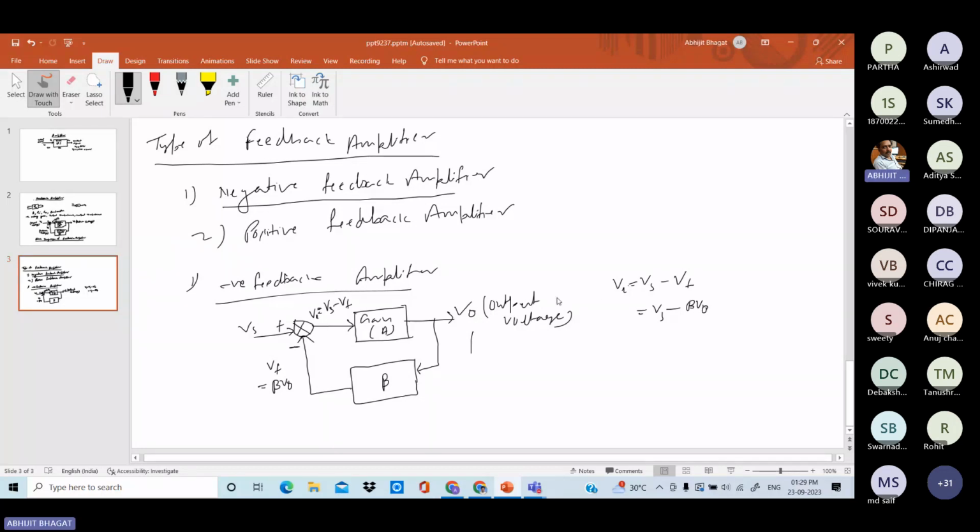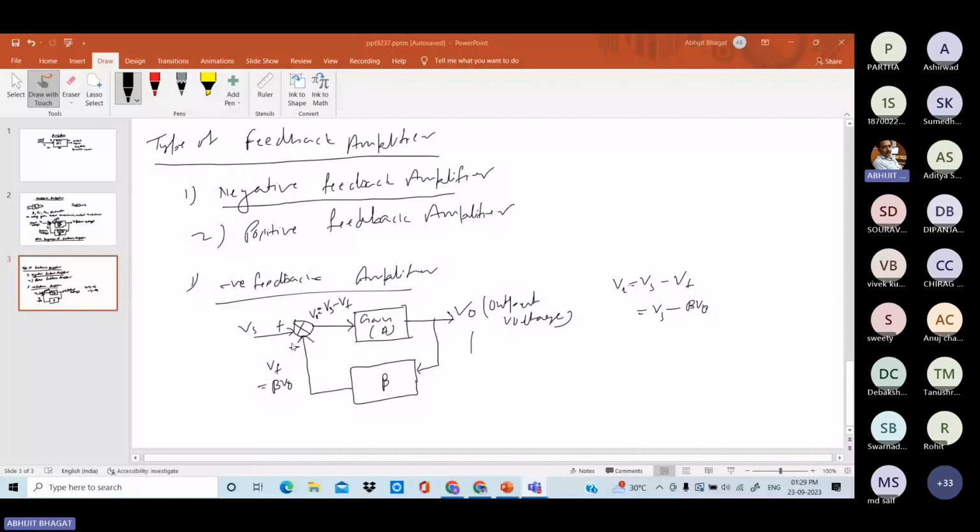Now here in this case, if you are not using the feedback circuit, your output voltage is just the input voltage multiplied by the gain. But when you add the feedback network, the gain of the amplifier is changed.